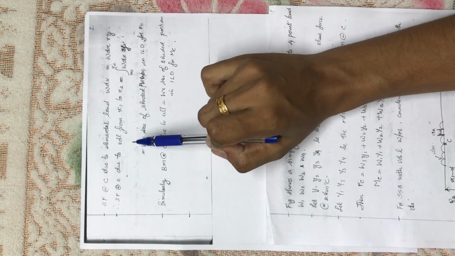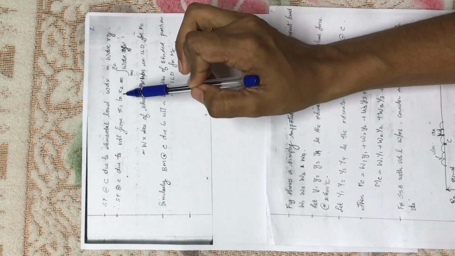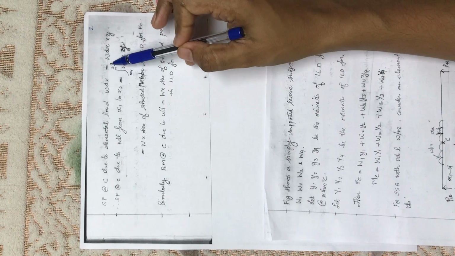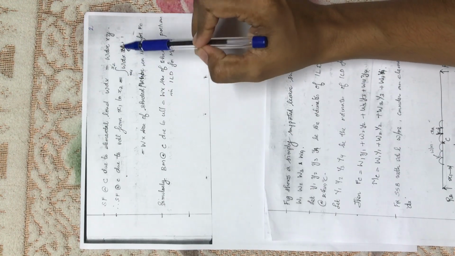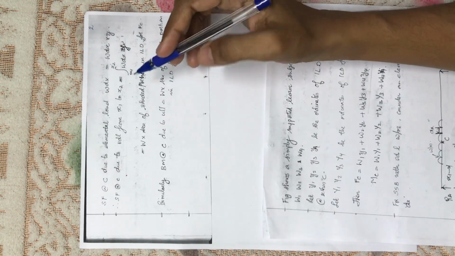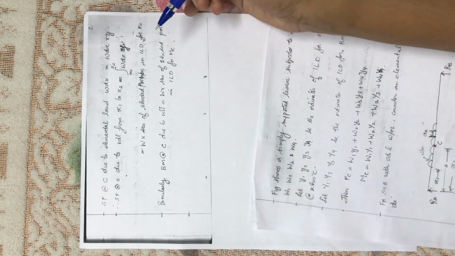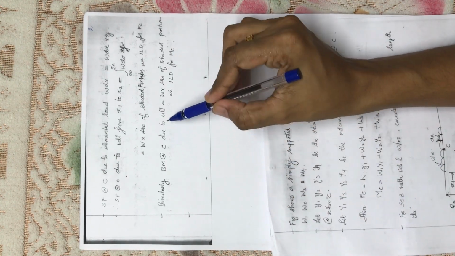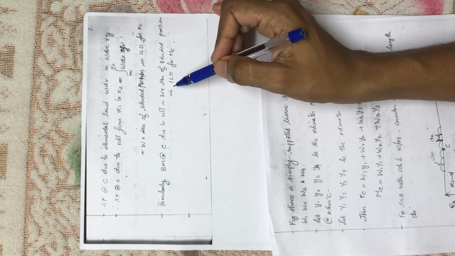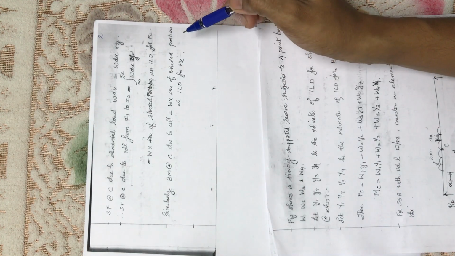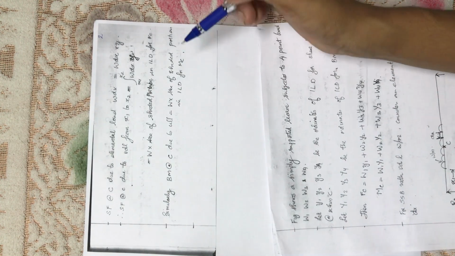Then we have to find it out for the entire length x1 to x2, which is equal to integral x1 to x2 of W dx into Y. That means W into area of shaded portion in influence line diagram for the shear force. Similarly, bending moment at C due to the UDL is equal to W into area of shaded portion in influence line diagram for MC. Okay.